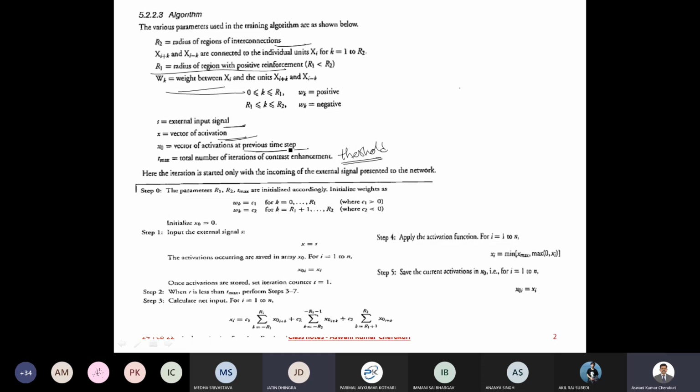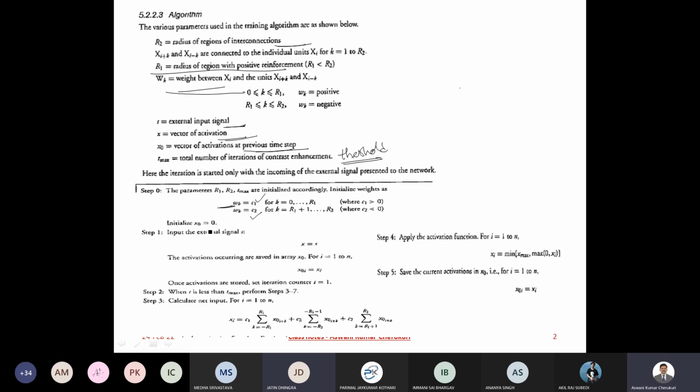Once that is done, the parameters are to be initialized, where there are connection weights with inhibitory weights and connection weights with excitatory weights, depending upon the region.